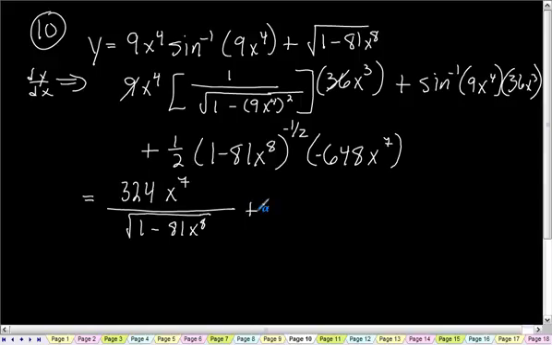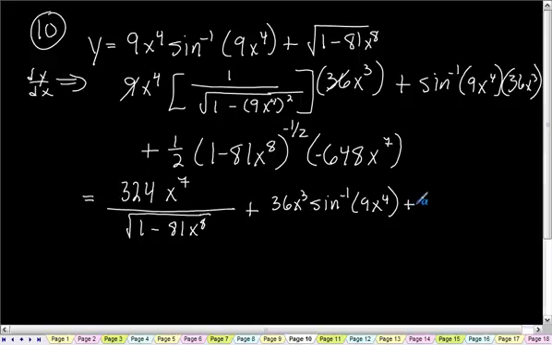Plus, we can't do anything with that. I'm going to put the 36x cubed times inverse sine of 9x to the 4th. And then I'm going to try to simplify this.